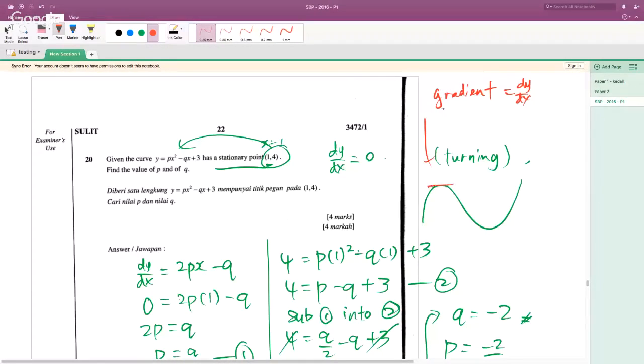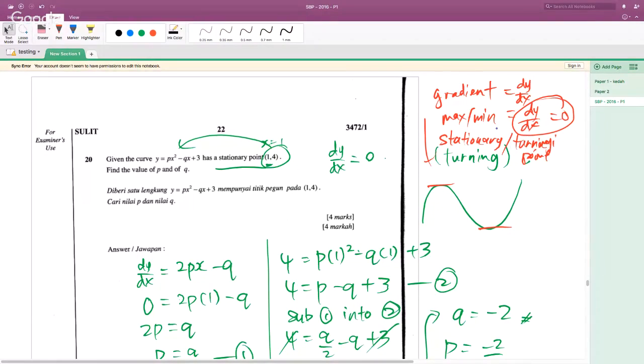If they ask about maximum or minimum, you have to do dy/dx equals 0. If they ask about stationary or turning point, same thing, you have to do dy/dx equals 0 as well. You have to understand the question.